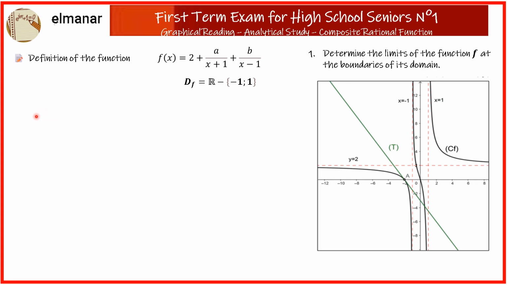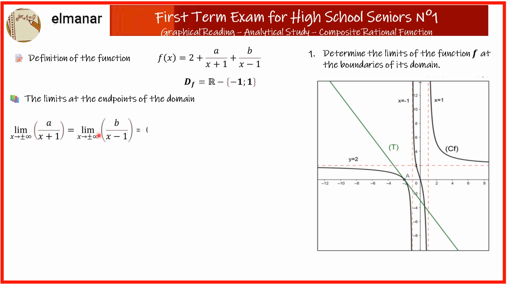Reminder: behavior at the extremes. When examining the behavior of a function as the variable grows extremely large or extremely small, this is known as studying its limit at infinity. In such cases, both fractional terms become increasingly small, since they are divided by values that grow significantly in magnitude.